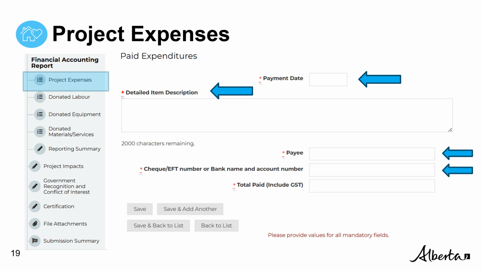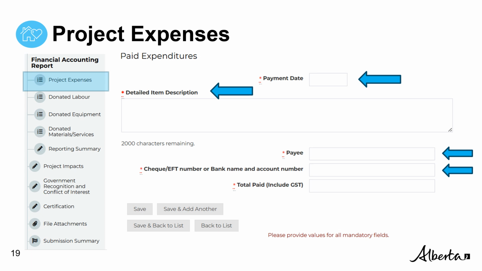Payment or banking information. For each transaction, you must provide the payment information. This can either be a check number, e-transfer reference number, last four digits of the corporate credit card used, or the bank name and account number from which the payment was made.